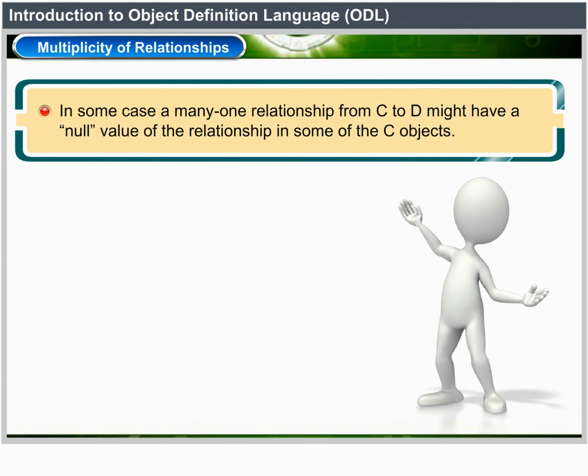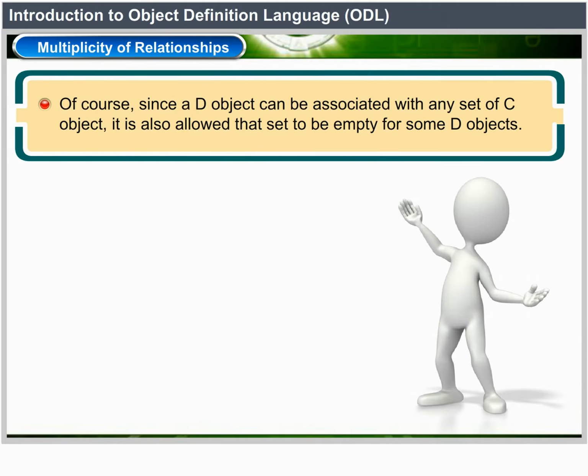For instance, a many-to-one relationship from C to D might have a null value of the relationship in some of the C objects. Of course, since a D object could be associated with any set of C objects, it is also permissible for that set to be empty for some D objects.